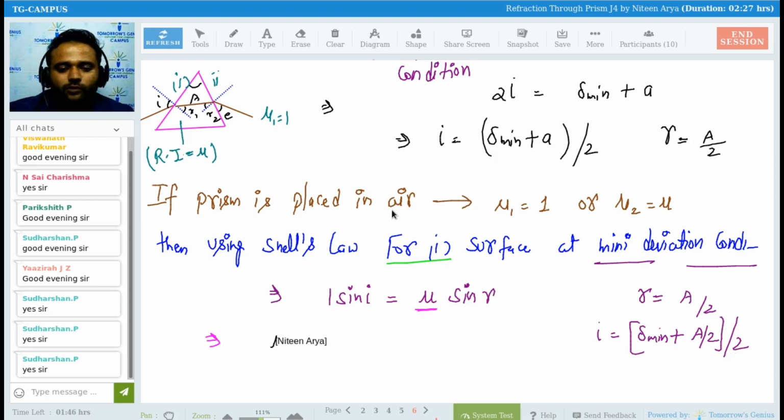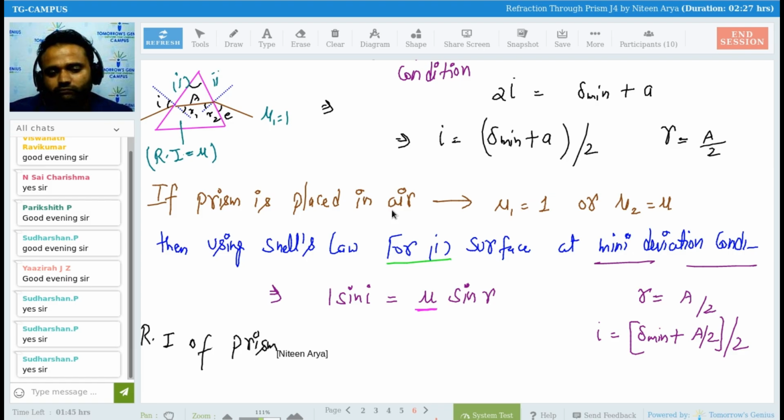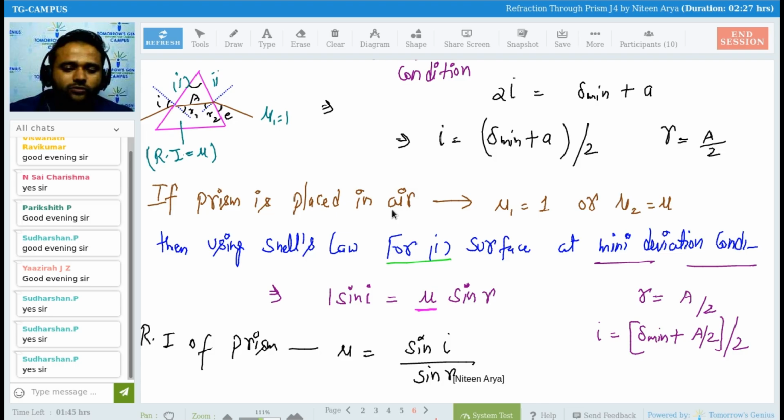Okay. So then this mu, the refractive index for minimum deviation condition, we can say refractive index of prism at minimum deviation condition, mu equals sin I by sin R. We know the value of I also.